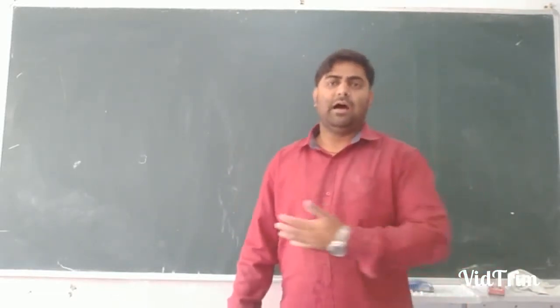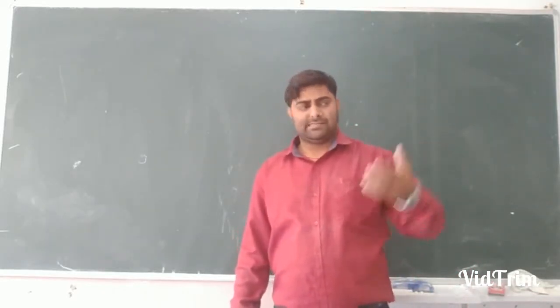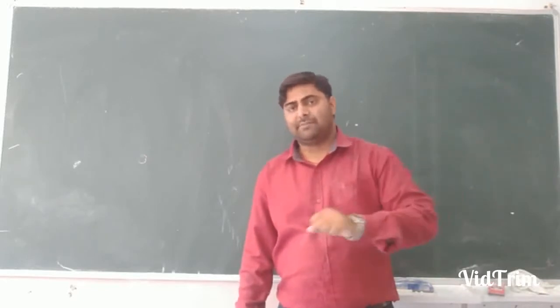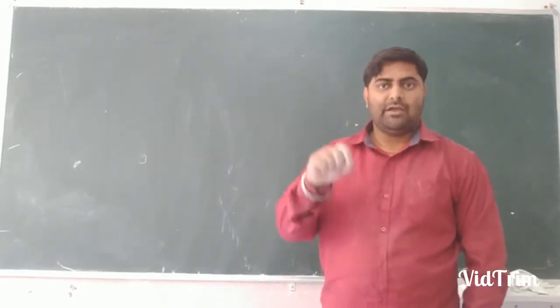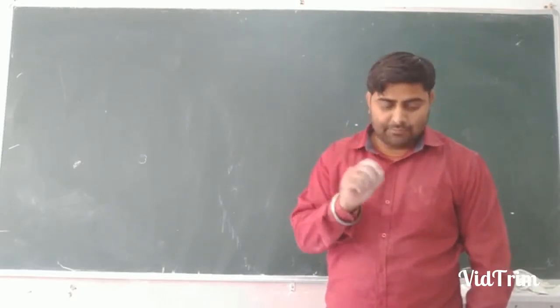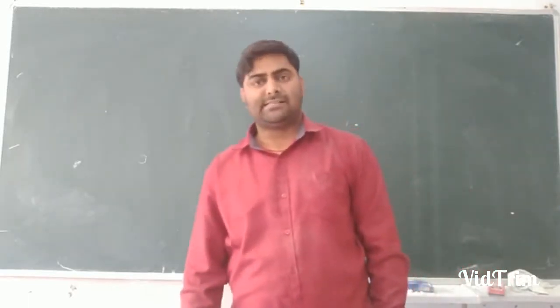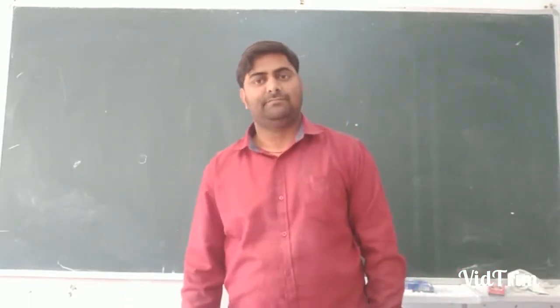We have seen how to represent the rate of the reaction. Rate of reaction is simply defined as change in concentration with respect to time. For reactants, we always take a negative sign, which indicates decrease in concentration, and for the product, we always write a plus sign, which represents increase in concentration.